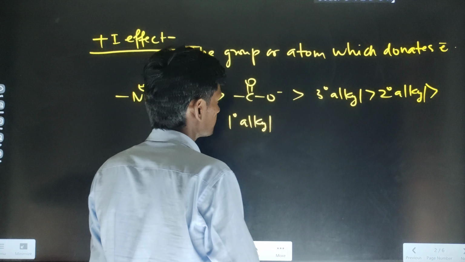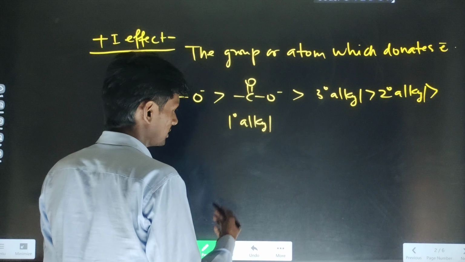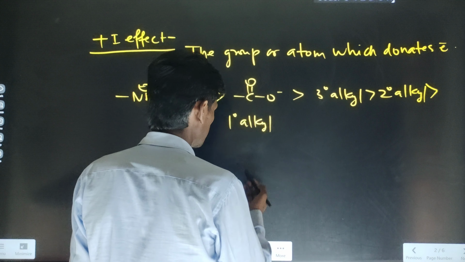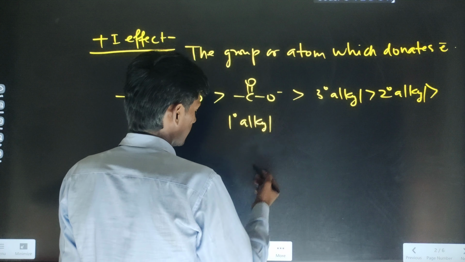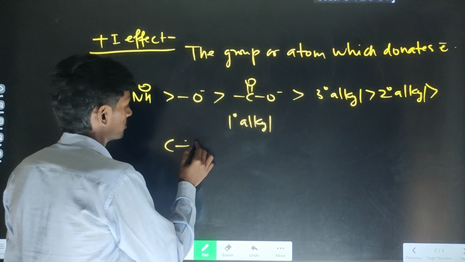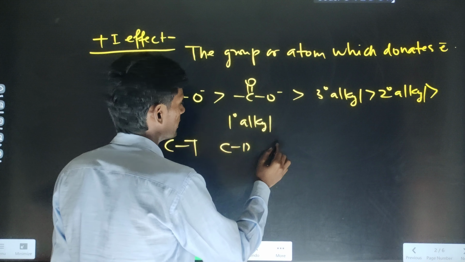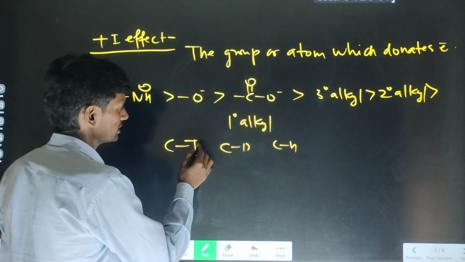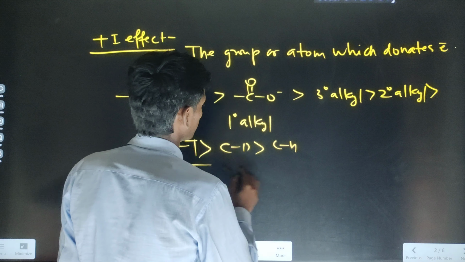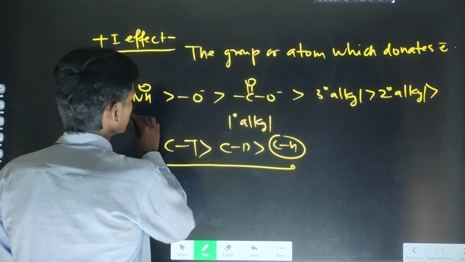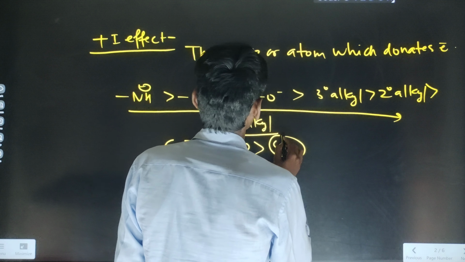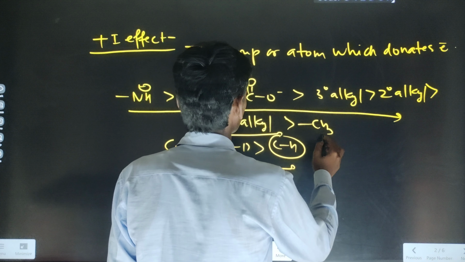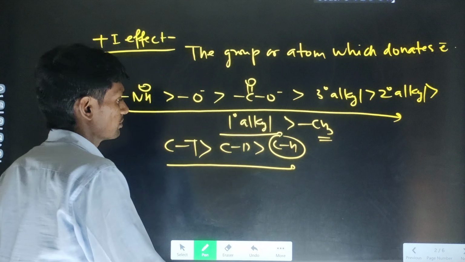And in between 1 degree, isotopic effect is also observed. For example, among the 3 isotopes CT, CD and CH, CT has more plus I effect than CH bond, and this is the plus I order. And obviously we know that methyl group also has plus I effect.